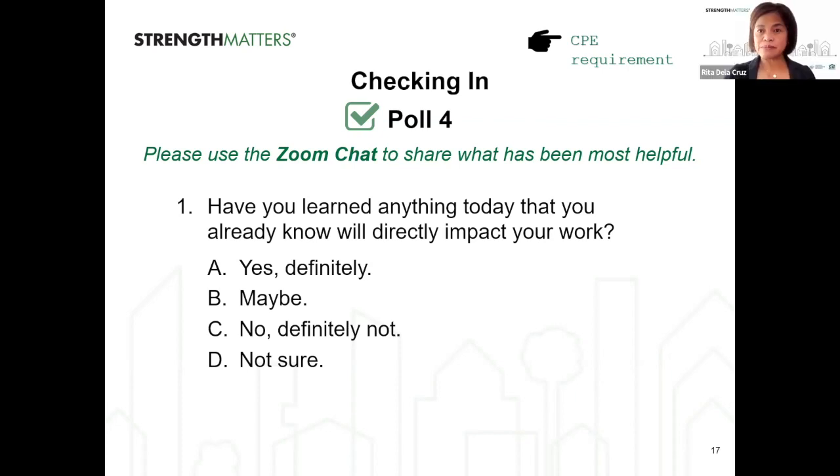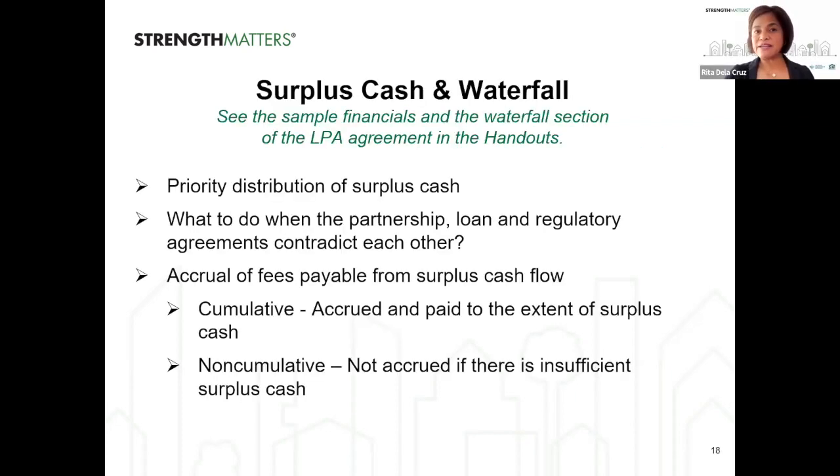Okay. So now we're getting into some introduction about surplus cash. You've heard surplus cash over and over again in all of the other modules, and we've actually gone through a discussion about our sample deal's waterfall.